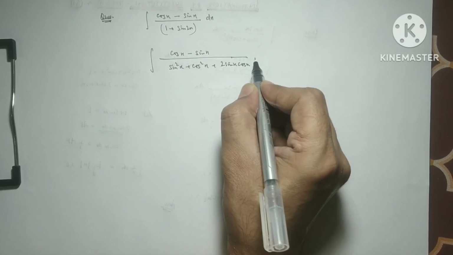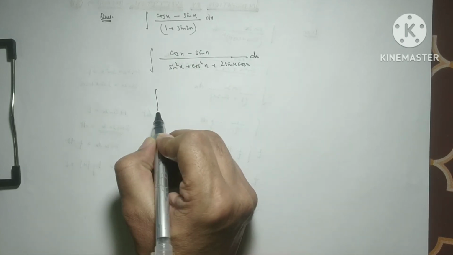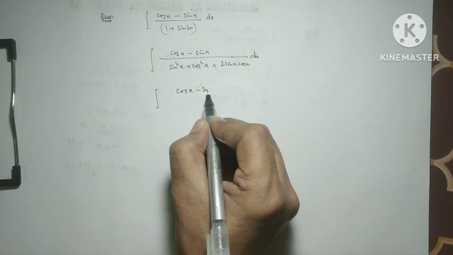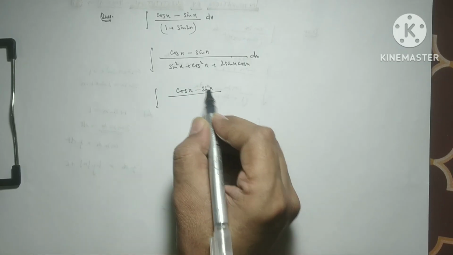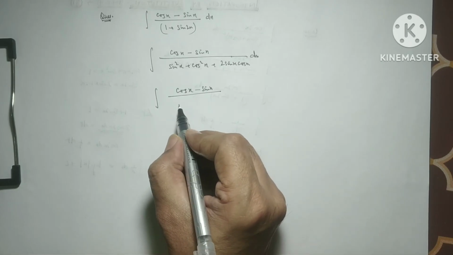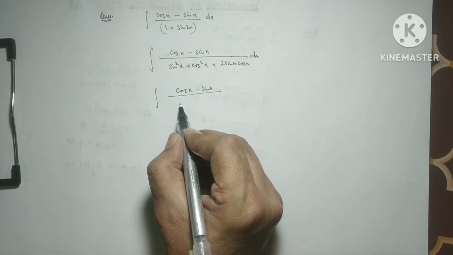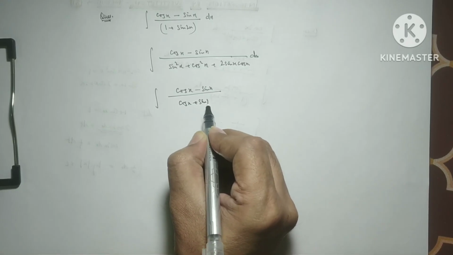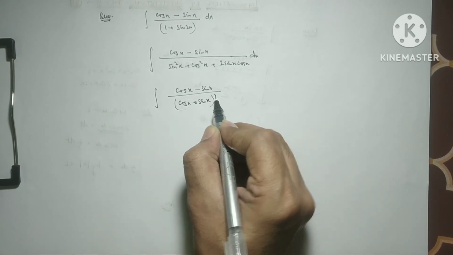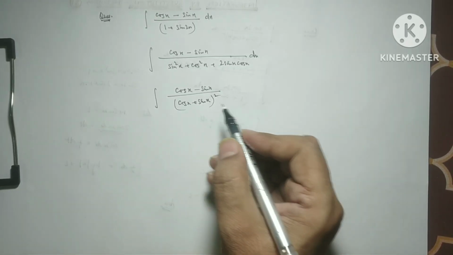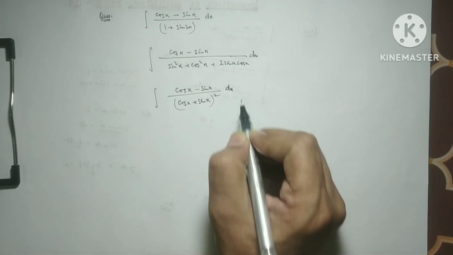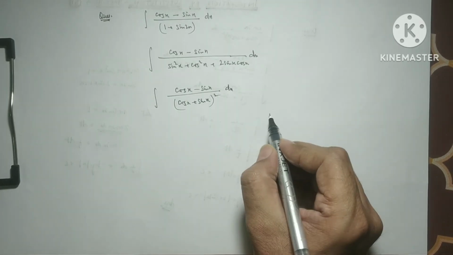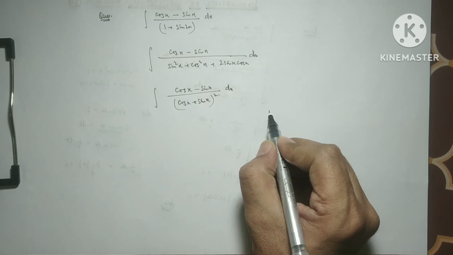So it is very easy, and the numerator as it is, but the denominator we can change as (cos x plus sin x) whole square, or you can say (sin x plus cos x) whole square. Now we substitute this denominator.